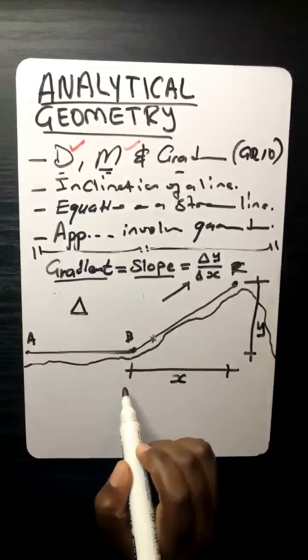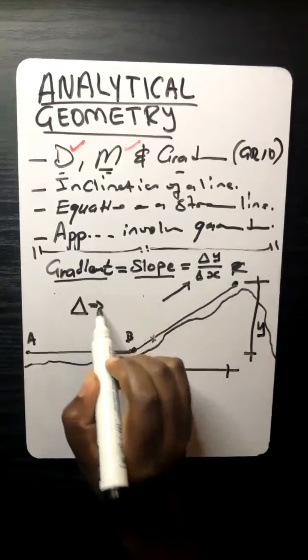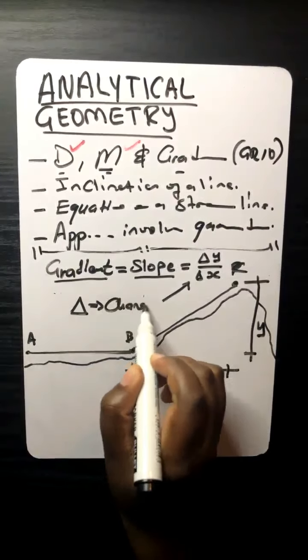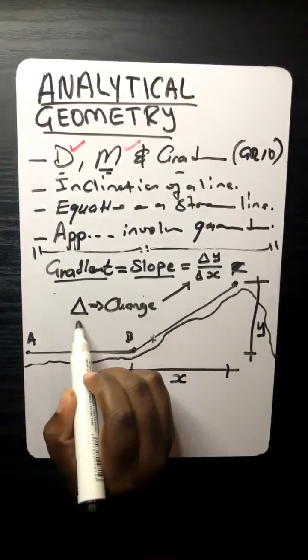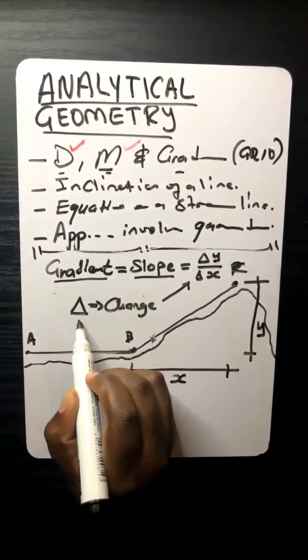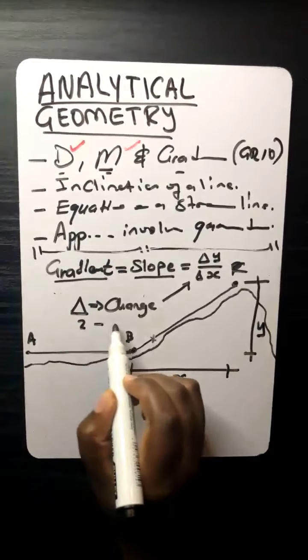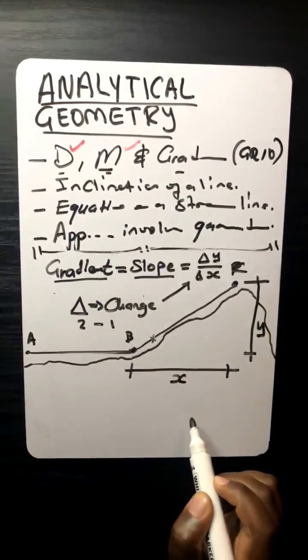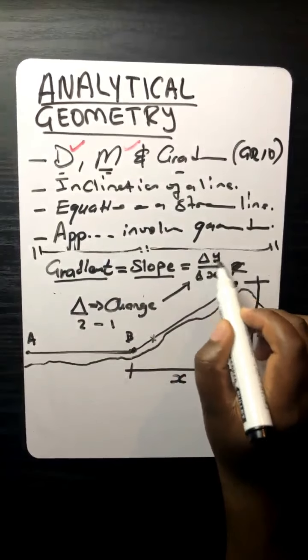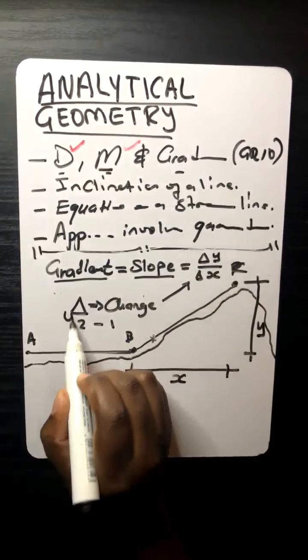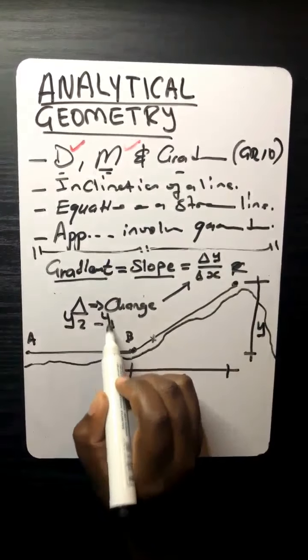So what does delta mean? Delta means a change. Guys, what does change mean? Change means, for example, whatever second minus whatever first. The whatever in this case is y. So that means it's actually y2 minus y1.